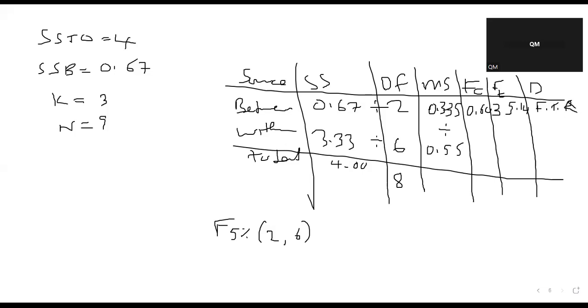Then you can conduct a test. Since there are 3 means, or 3 populations, step 1, H0 simply states that mu1 is equal to mu2 is equal to mu3. There are three means there.